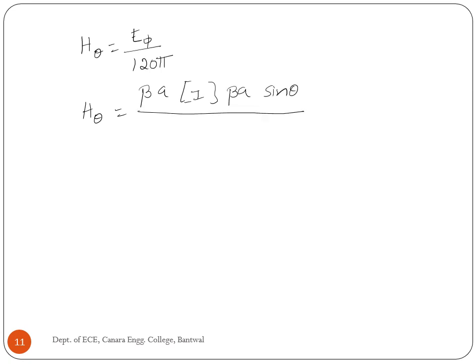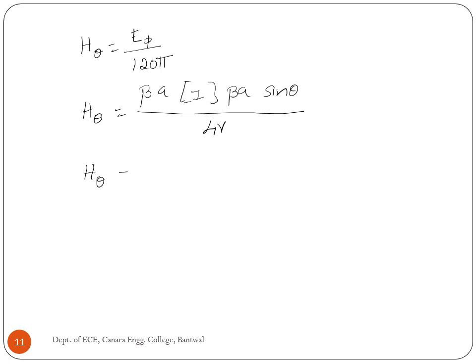and we know that Hθ is equal to Eφ divided by 120π. Therefore, we can say Hθ is equal to βa I βa sin θ divided by 4r.